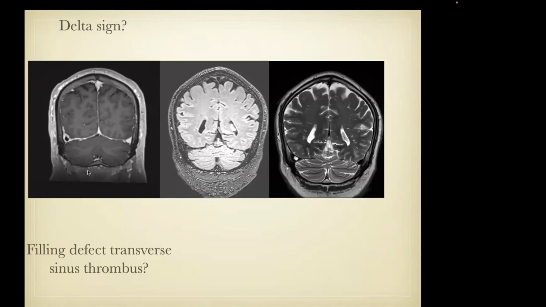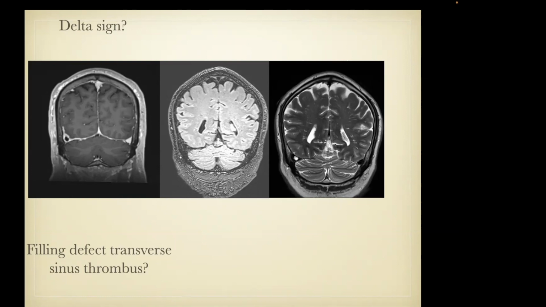Now, in this case, you see what looks like a delta sign here in the transverse sinus. If you look at the FLAIR scan, you notice that it goes away, and it looks bright on the T2 weighted scan. And so this has been a source of much confusion. I remember early in my career, I was working at Penn State, and there was an athlete that had been sent down for an MR scan because they were diagnosed with a dural venous thrombus.